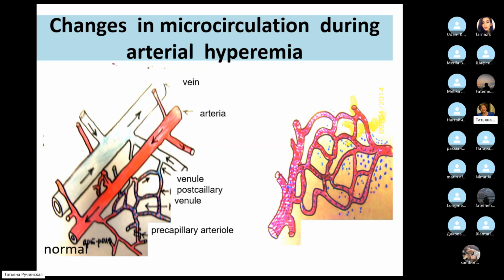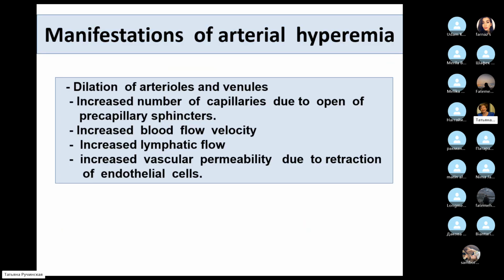This is another cause for redness. And the last will be increased number of functional capillaries. I told you previously, this is the same information about the manifestation of arterial hyperemia.